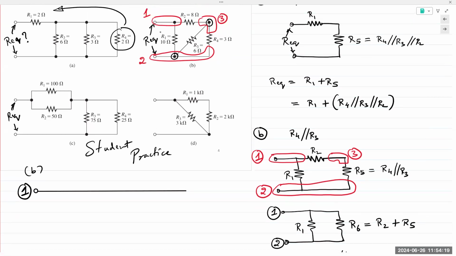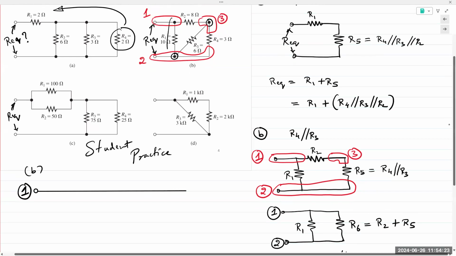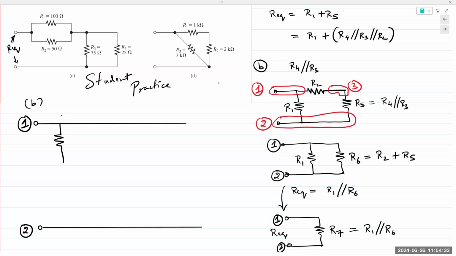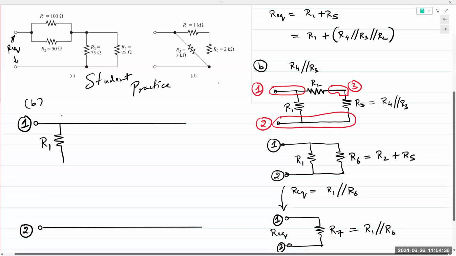And for this, I'm going to start from the left. R1 is connected between 1 and 2. Right? R1 is connected between 1 and 2. So I'm going to draw out R1 right here.